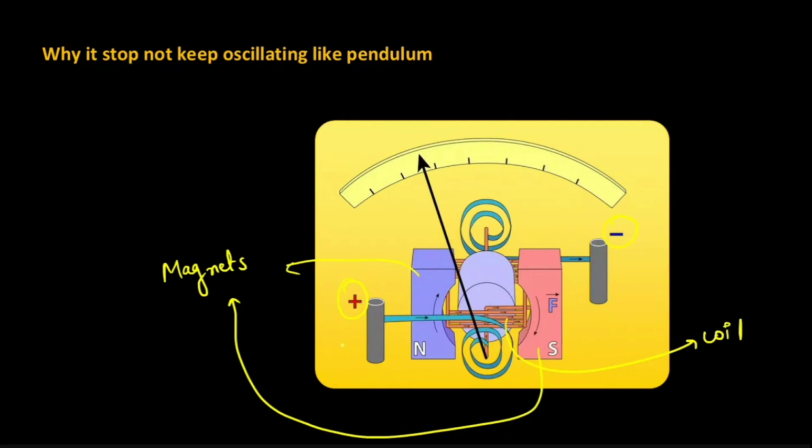That source sometimes can be a battery, sometimes it can be a generator or whatever you can think of. So this is something we call a generator.